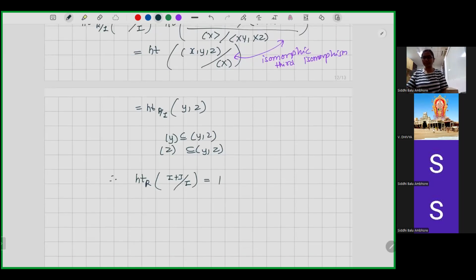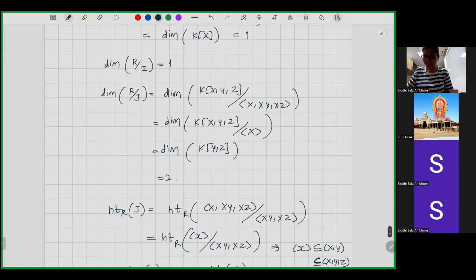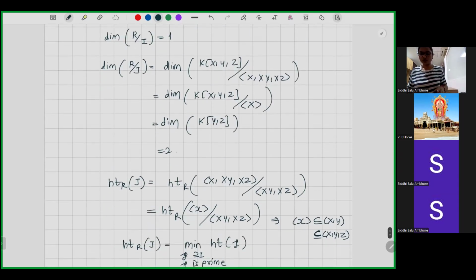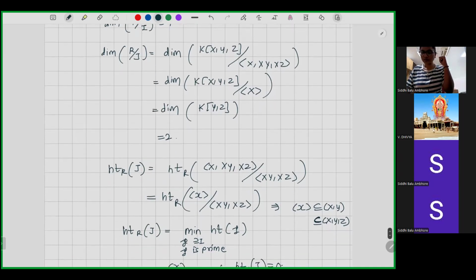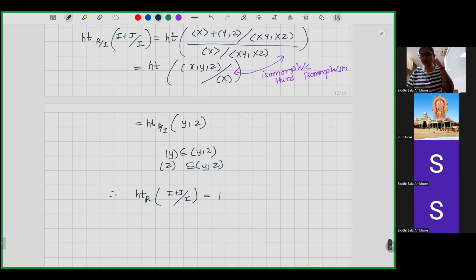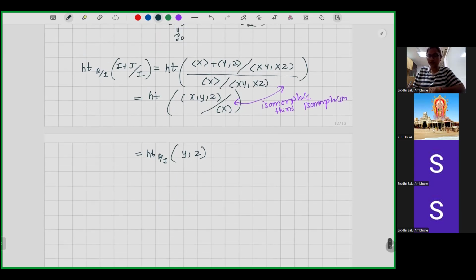Is this okay? Any doubts here? Height of this ideal yz is 2. Height of this R mod I yz is 2. This is the only thing. Sorry, the height of this is 1.